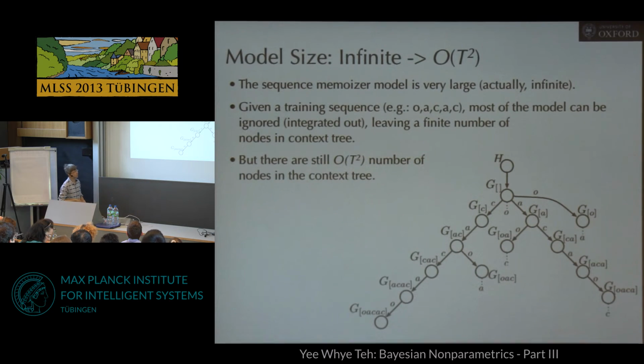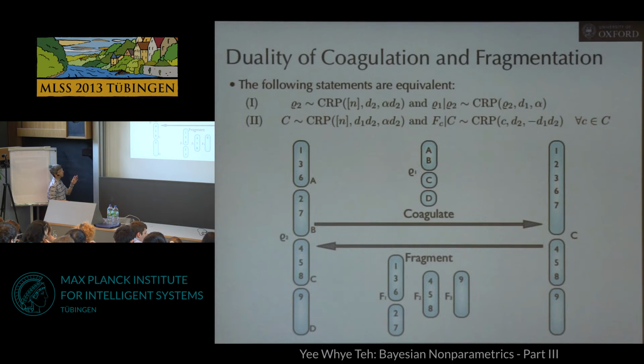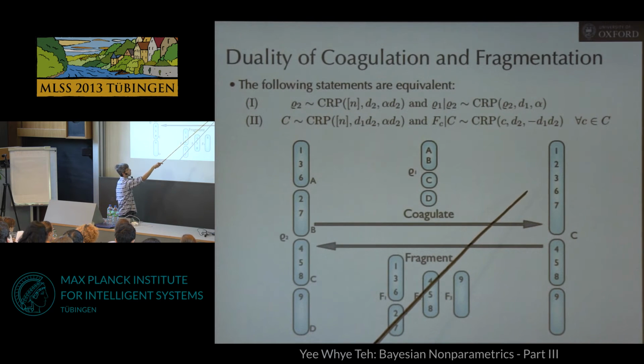It turns out there's some nice theory going back to the duality between fragmentation and coagulation processes, which allows us to do that marginalization efficiently. In particular, there's a nice theorem by Pitman, which says that if you start off with a partition drawn from a Chinese restaurant process, and you coagulate it by drawing from another Chinese restaurant process, we end up with a resulting random partition.